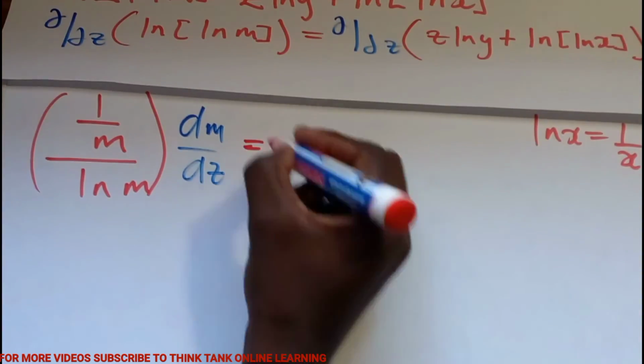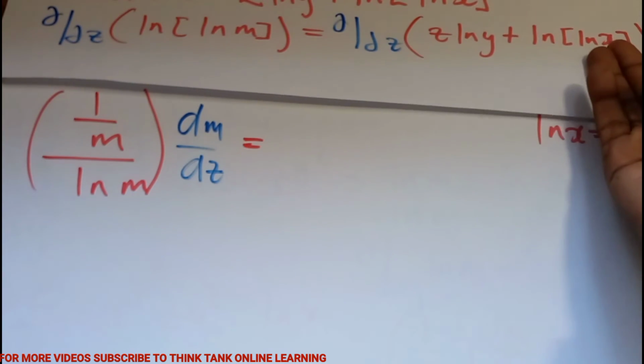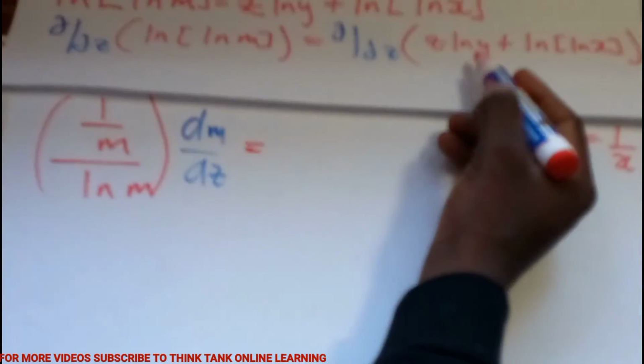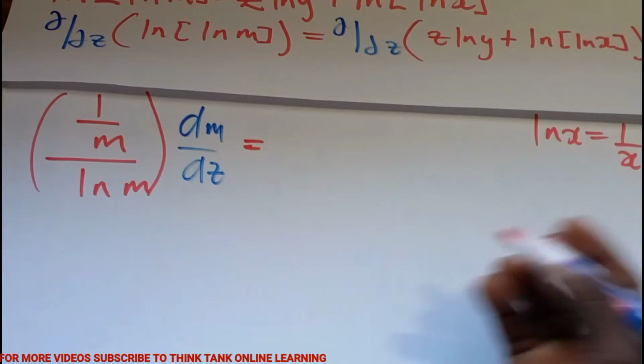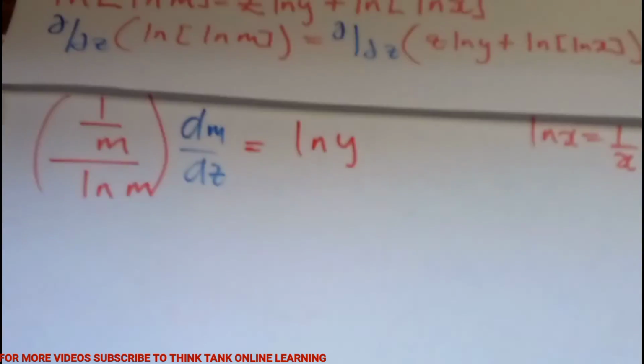This is equal to, well, as you can see, ln x has no z, so it's constant, but z ln y is like saying 2 to z, so we're left with ln y.